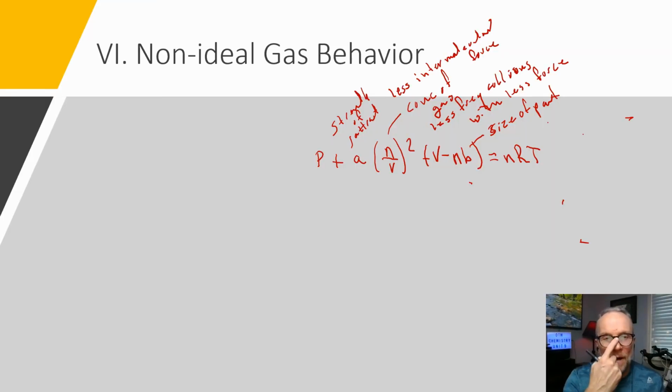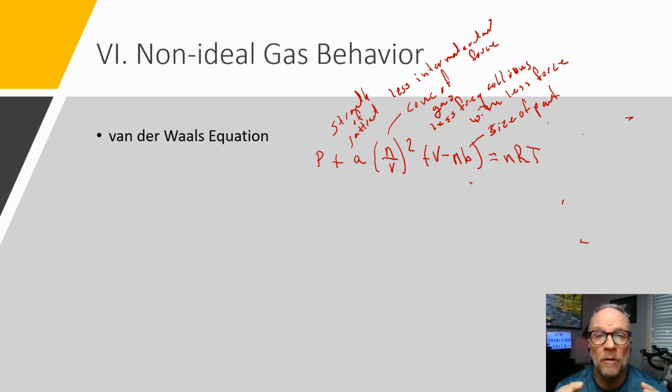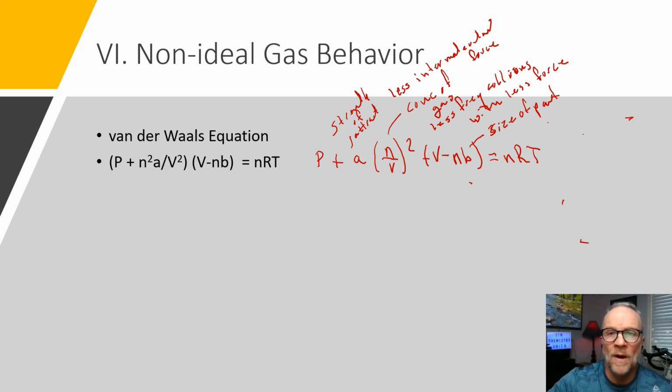Talk a little bit about the van der Waals equation. This is a way of correcting somewhat for the different interactions between the gas particles as you decrease the volume and you increase the pressure. I have it written in a couple different ways here.